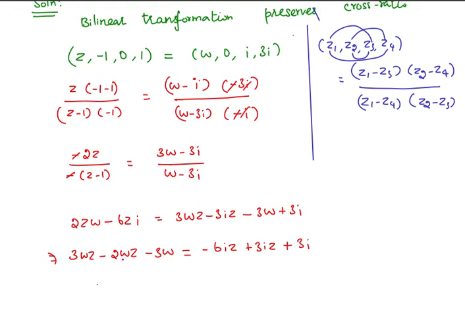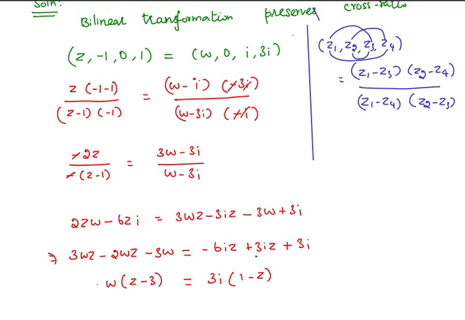So commonly taking wz only will come. Taking w common means w times (z minus 3). Here for z you can't take common, you will get minus 3i times (1 minus z).